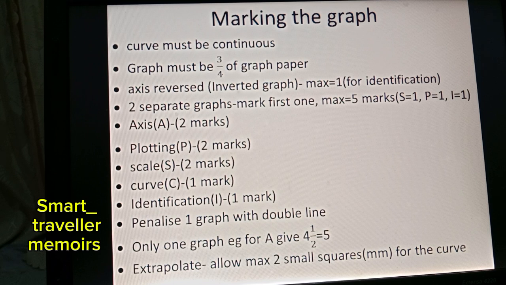Penalize 1 for a graph with a double line. If only 1 graph is given, give 4.5, you round off to 5. Extrapolate, maximum 2 small squares for the curve.